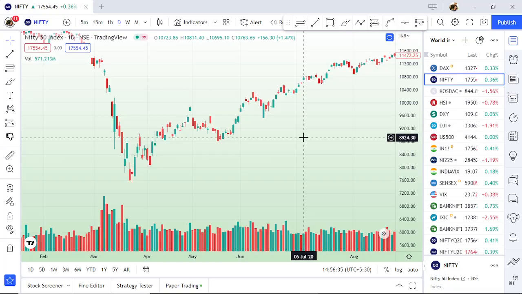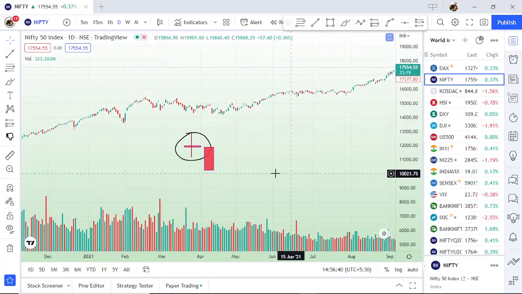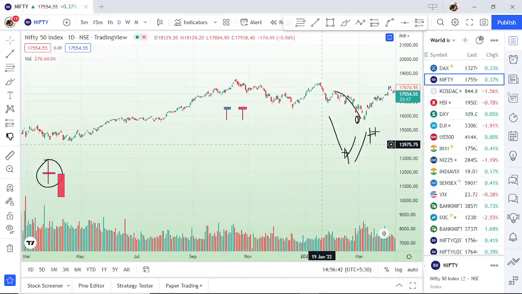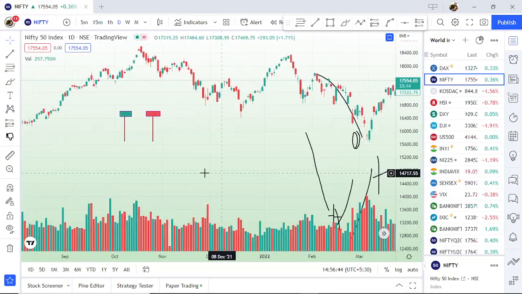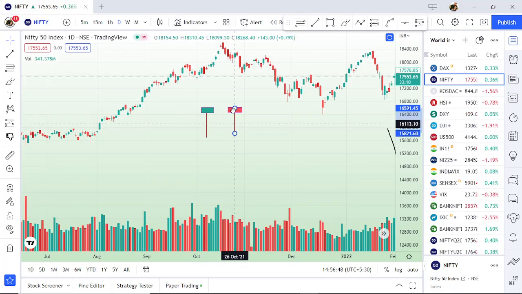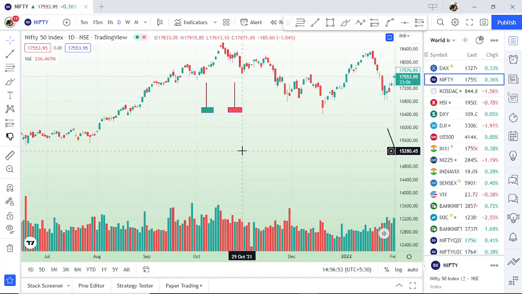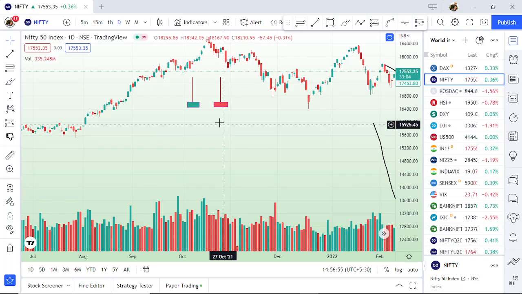Now that we have learned about the hammer, what about in an uptrend? There can be something called an inverted hammer, like this. Like I've explained, in a downtrend the wick indicates buying pressure, right?